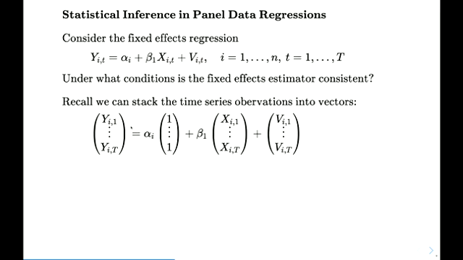So, in particular, what we're doing is stacking up all of the observations over time. This vector for y here consists of all of the observations for individual i, or state i if you like, from time 1 up to time T. So it's a T by 1 vector. Now these individual fixed effects are just intercept terms, constant terms.